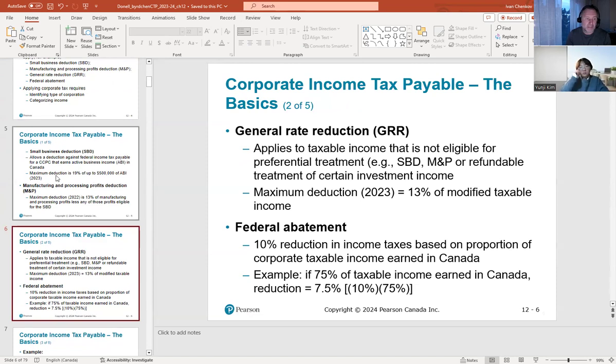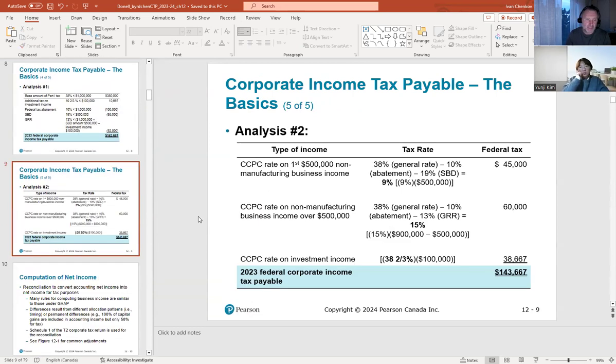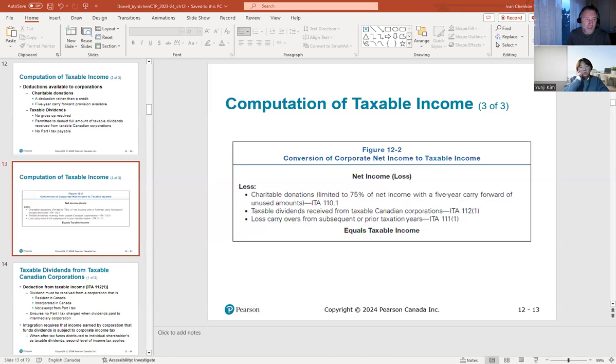General reduction rate, manufacturing and processing credit, small business deduction, because in the question it is going to be SBD and something like that. And if they throw you this term, AAII, adjusted aggregate investment income, you're going to say, what are you talking about?